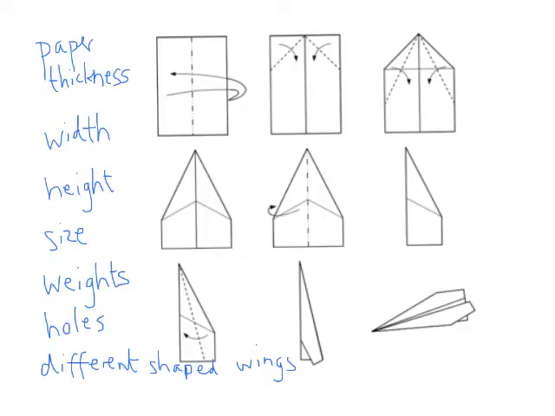So the only difference that you are affecting with a paper aeroplane is the thing you want to vary. If, for example, it's the paper thickness, then we would say paper thickness is the independent variable. That's the thing that you're changing, and the distance it flies is the dependent variable, because you're thinking that it depends on the paper thickness.